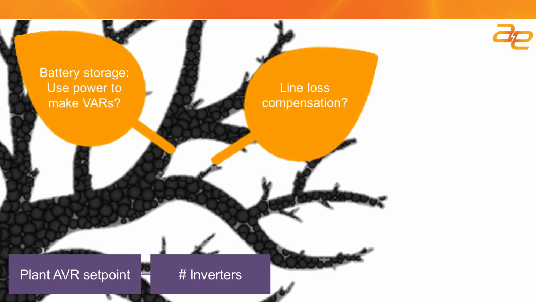Line loss compensation is something that you have to deal with on the bigger sites that are located in more remote locations. So basically, if you've got a 100, 200, 550 megawatt site that's many miles away from the substation that it's connected to, you may not have real-time metering information from that substation that you can do control with.